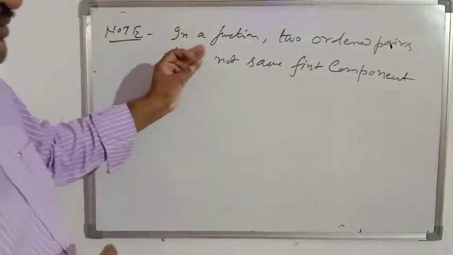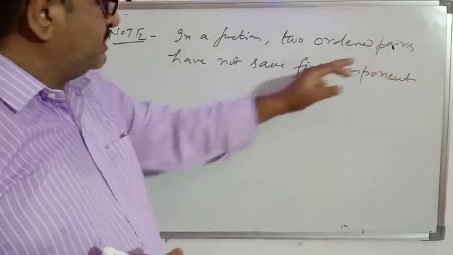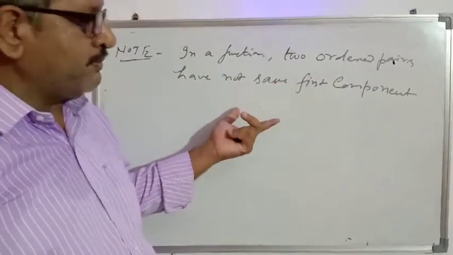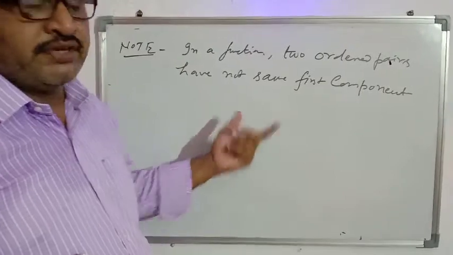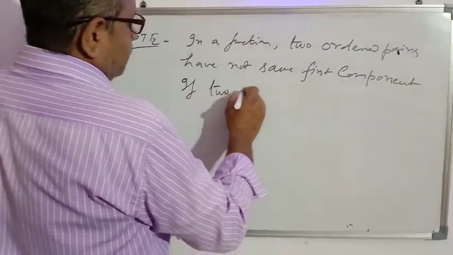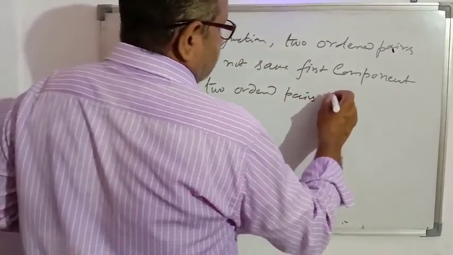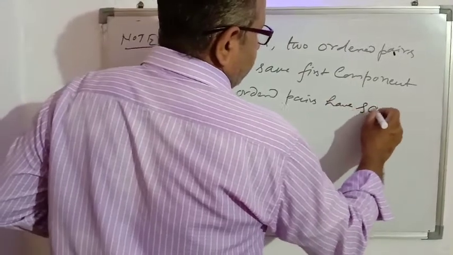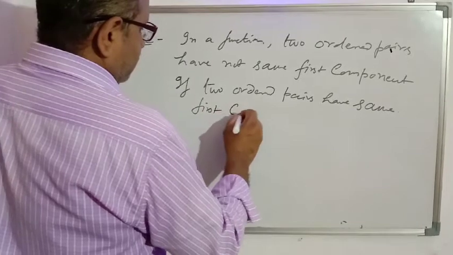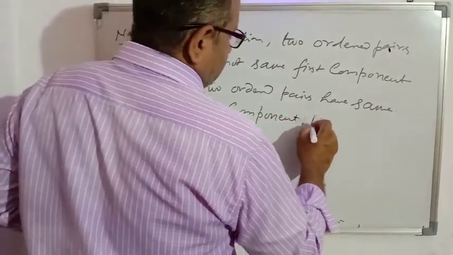When we write it in roster form, in a function, two ordered pairs do not have the same first component. If two ordered pairs have the same first component, then it is not a function.